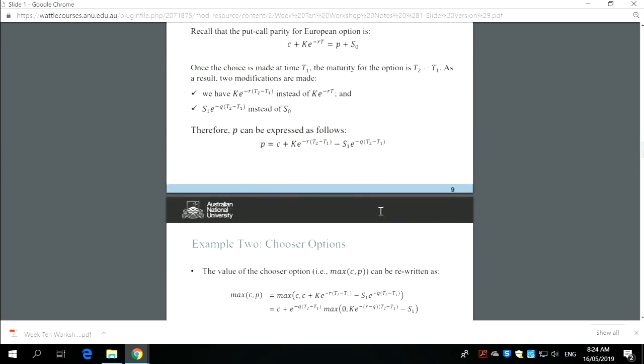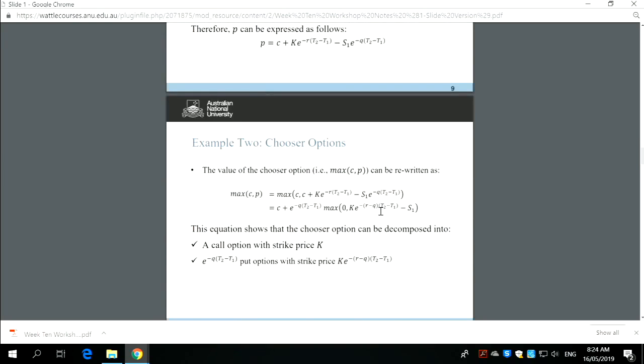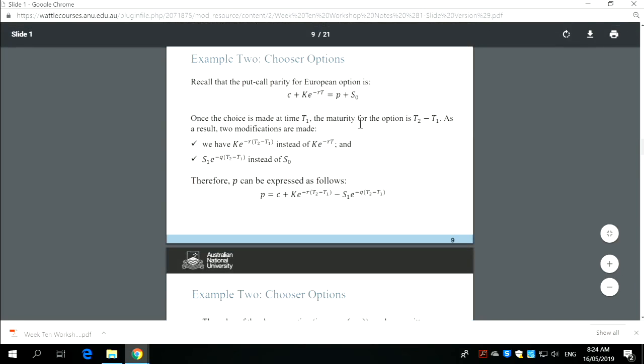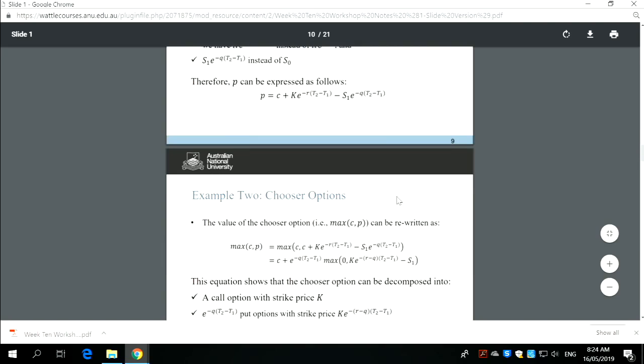So that's part one of the second example. Any question with this one? So let me summarize. The first step we did is to pull out our regular put-call parity equation. Then we recognize that we need to do some modification on this put-call parity, so we replace this with the present value of the strike. Then we replace the spot price with this equation here.